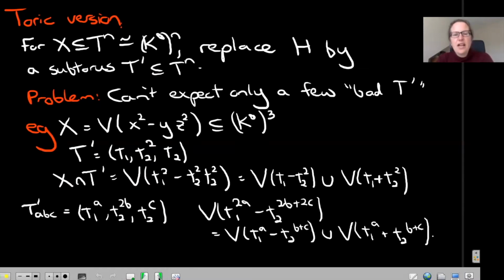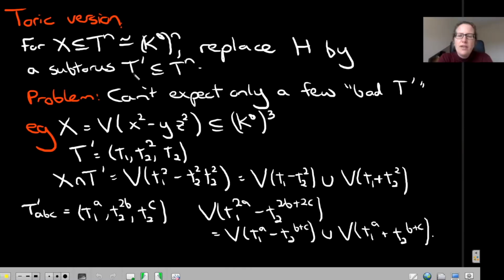Okay, and so let me start with the toric version. So I'm going to start with a subvariety of an algebraic torus. So for me, T^n will always be my notation for the torus. It's going to be isomorphic to (k^*)^n, so split here. And I'm going to replace the H, the hyperplane of Bertini's theorem, by a subtorus T'. But this is where we run into a problem.